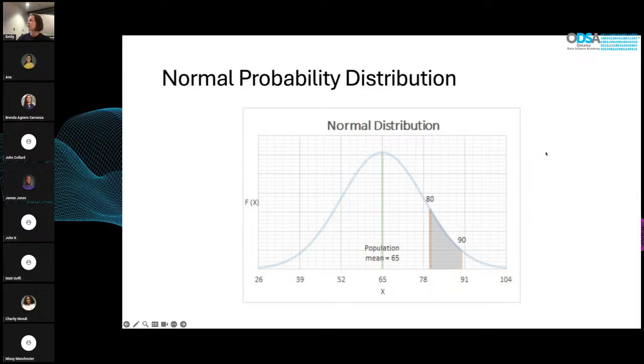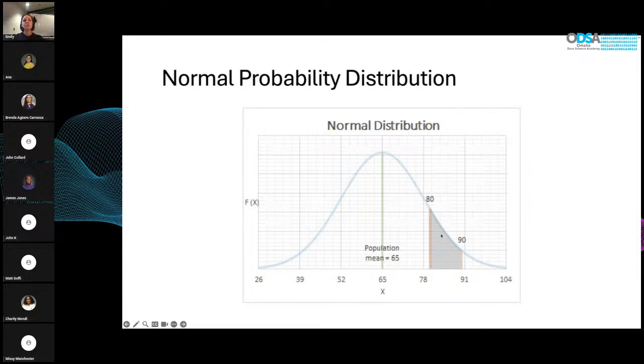You can also do that with grades. You can get a bell curve for grades. Some people are going to have lower grades, some higher grades, but in general most of the grades fall in the middle section here. So this is a normal distribution.